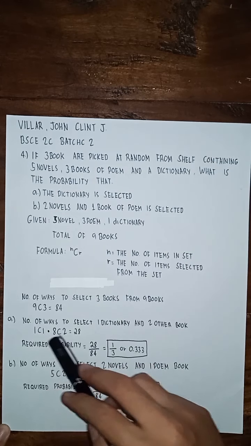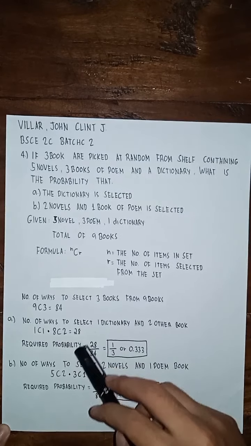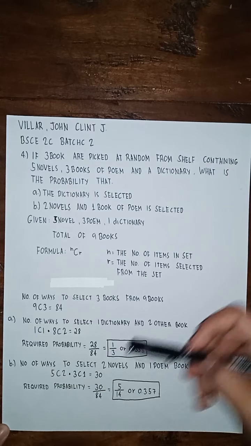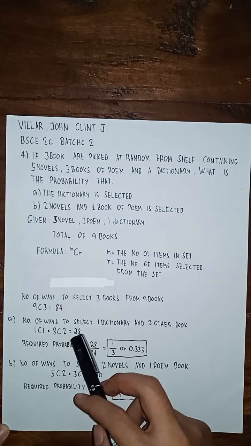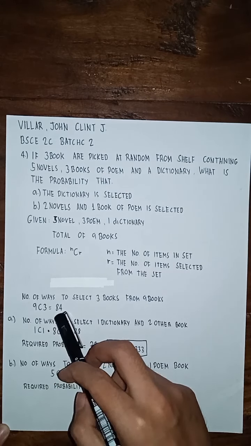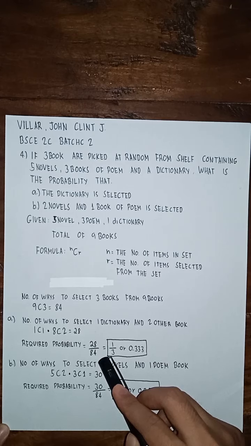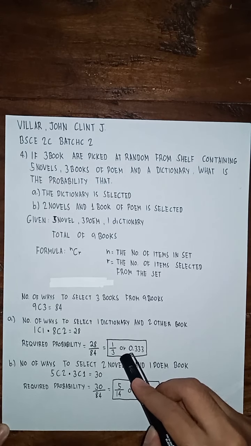So, kapag pinag-multiply natin ito, ang lalabas is 28. So, yung required probability naman is idi-divide lang natin ito dito. So, ang probability na makakuha tayo ng dictionary and 2 other books is 1/3 or 0.33.